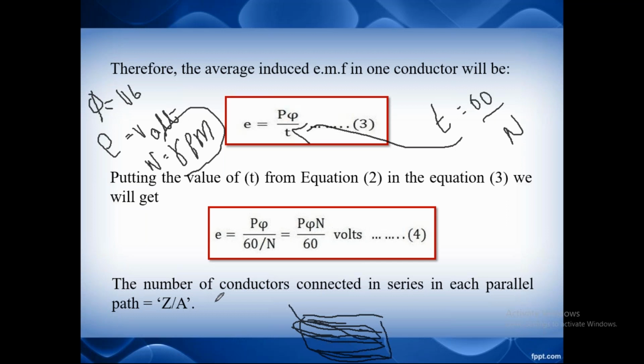Here Z is the number of armature conductors and A is the number of parallel paths. For example, if an armature has 3 or 4 parallel paths, the conductors per path are given by Z by A.